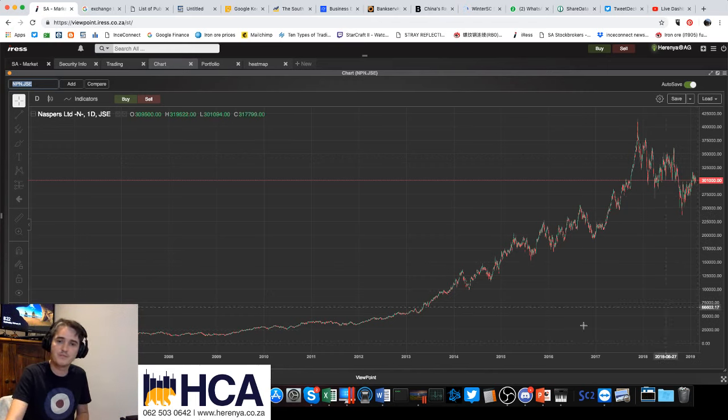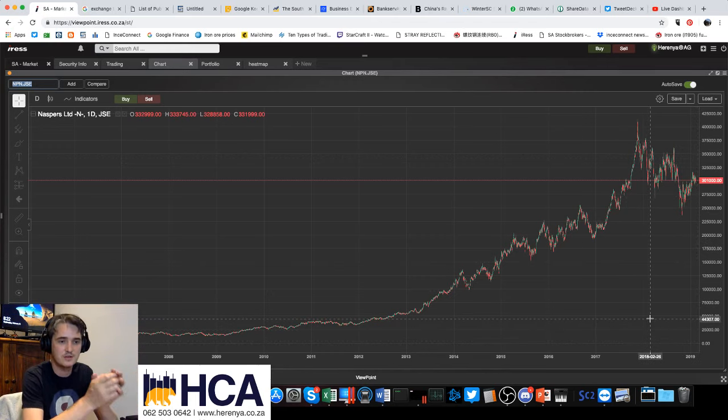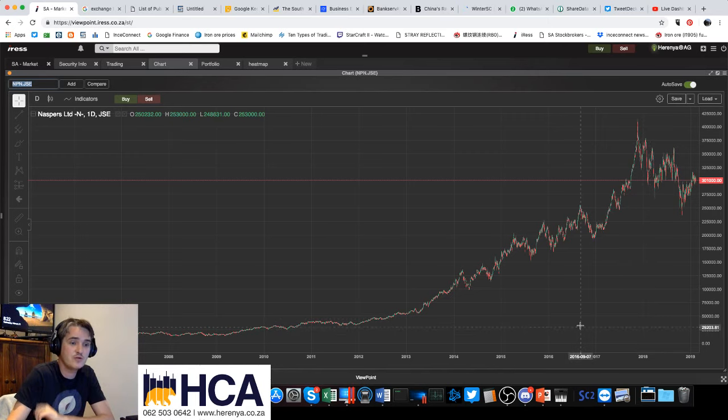So every increment on this grid is 250 Rand, which is very interesting, because the movement from 250 to 500 is in fact a 100% price move. Price has doubled.